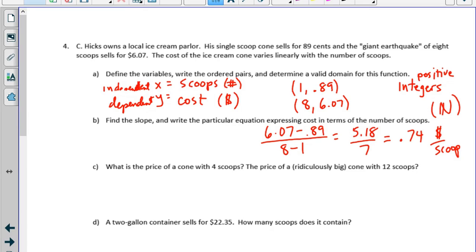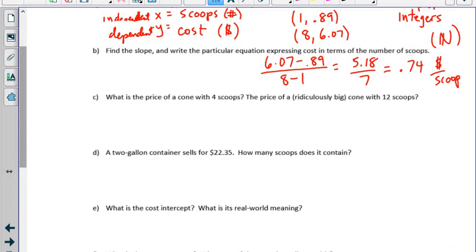What is the price of a cone with 4 scoops? So since I have 74 cents a scoop, I have to think about this for a second. Notice that when there was 1 scoop, it was 89 cents. So it's clearly not 74 cents a scoop. We have to do a little bit of thinking.